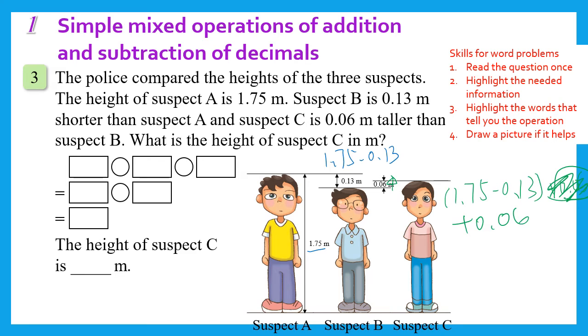So for C, it should be 1.75 minus 0.13 plus 0.06. If you draw a bracket here, it's also okay. It doesn't matter whether you have it or not. Then you do the calculation one by one, align the decimal point, and find the answer. It should be 1.68.